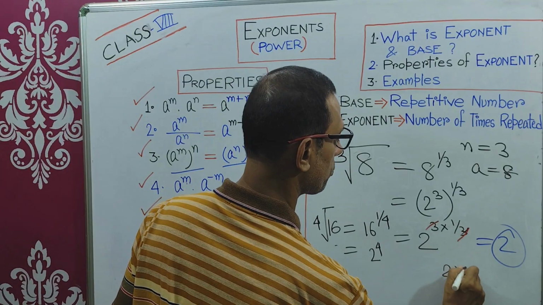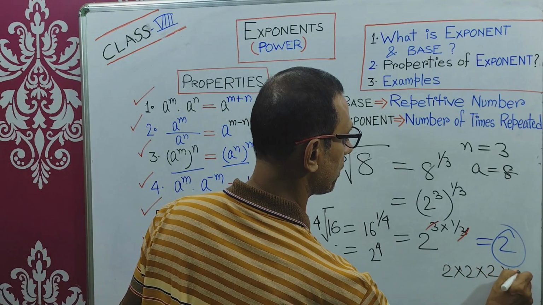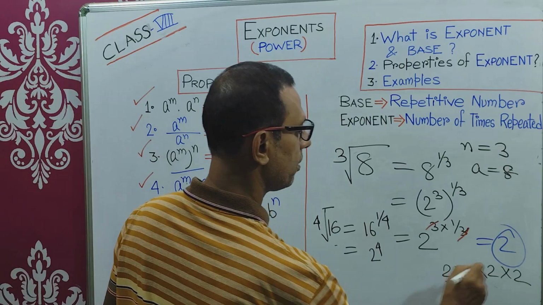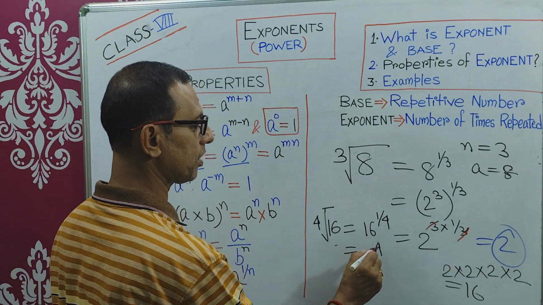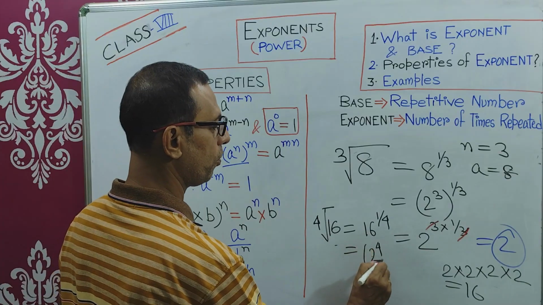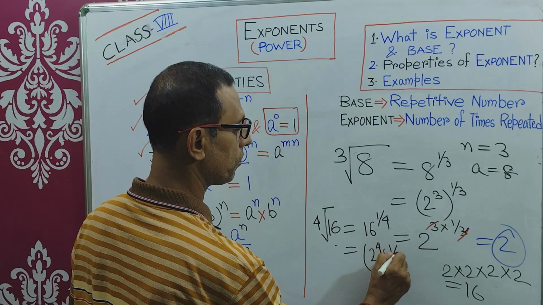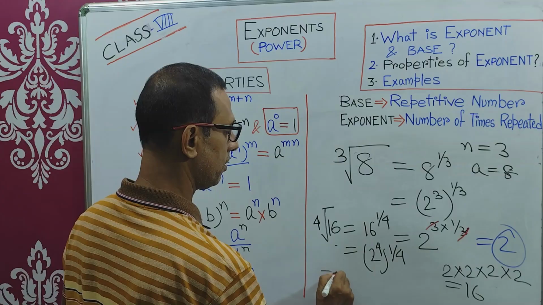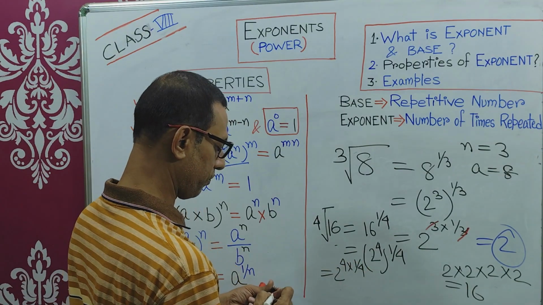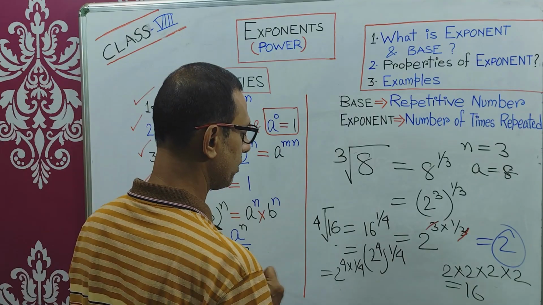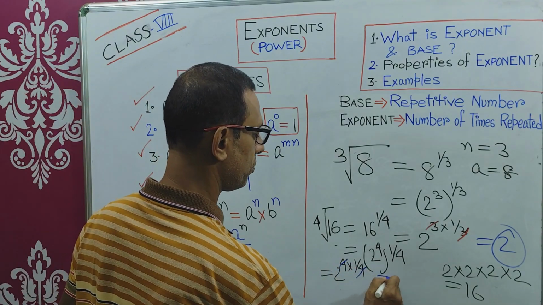Because 2 into 2 into 2 into 2 is equal to 16. 2 is the base and it is repeated 4 times. So (2 to the power 4) whole to the power 1 by 4 means 2 to the power 4 into 1 by 4. So 4 and 4 get cancelled, and it is equal to 2.